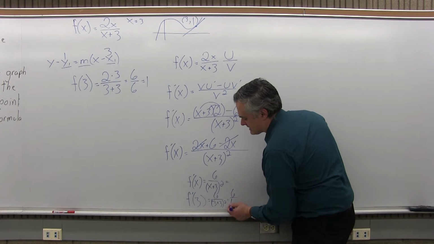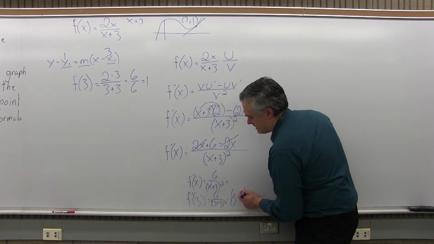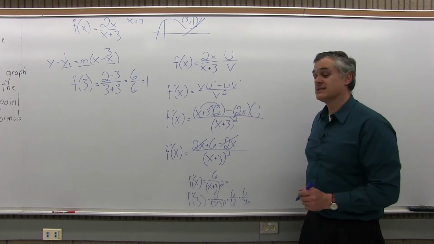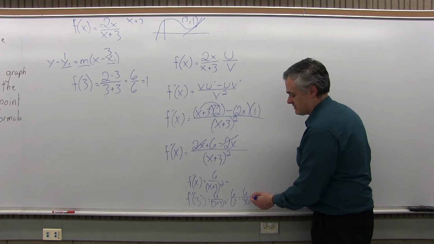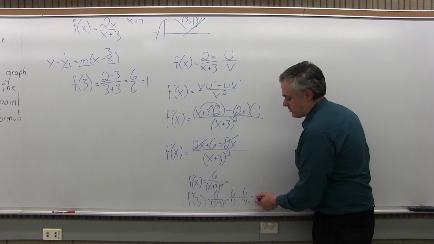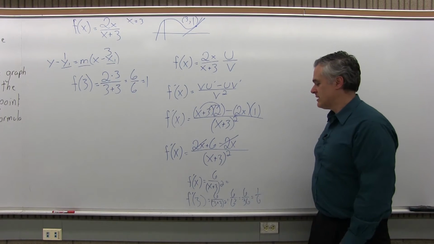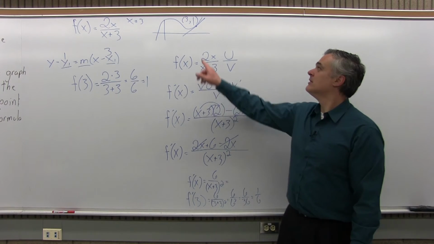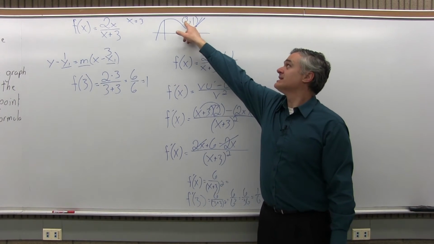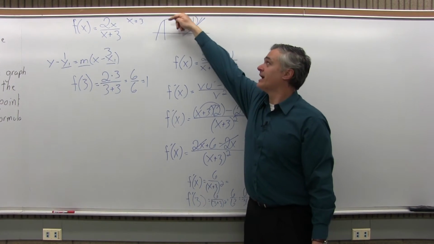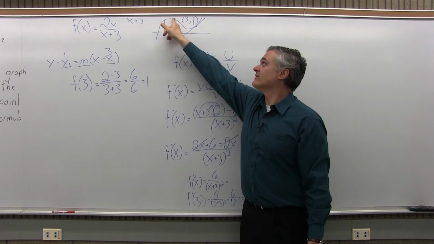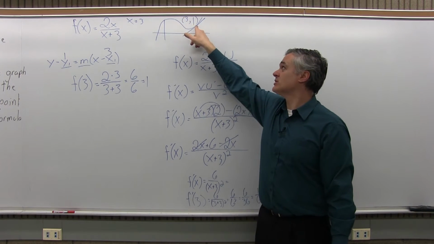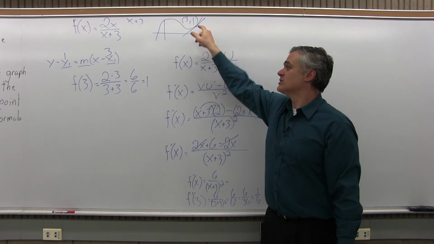So 6 over 6 to the second power. 6 over 36, 6 times 6, which is 36. And I can reduce that to 1/6. That's the slope at that point that has an x value of 3. Again, because the line curves, at different points it has a different slope along the curve. I want the slope at the point where x is 3.